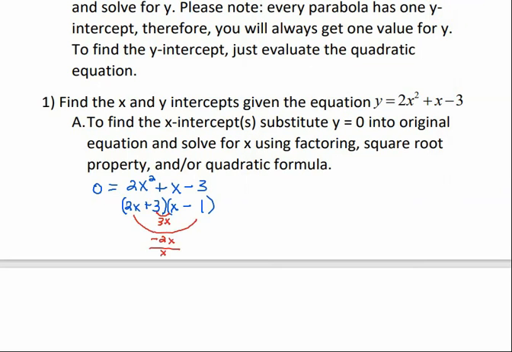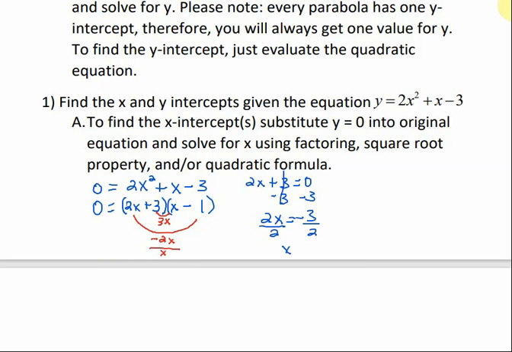And now I need to take each of these factors and set them equal to 0 and solve. Okay, so if I take my 2x plus 3 equals 0, if I subtract 3 from both sides, I get 2x equals negative 3, and then divide by 2.